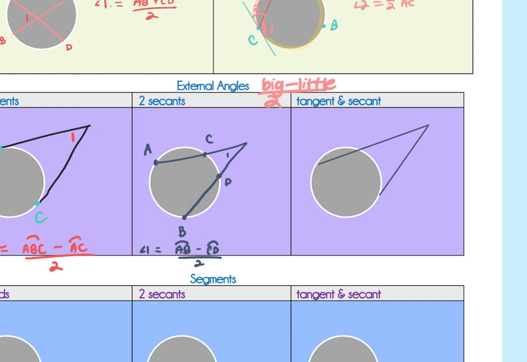It would still be big arc, so ABC minus CD divided by 2. So 3 different ways to draw it, but all 3 have the same formula. Big minus little divided by 2.